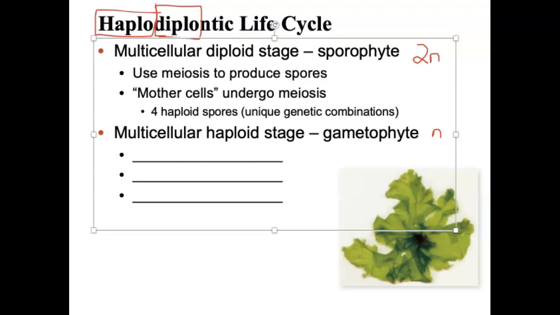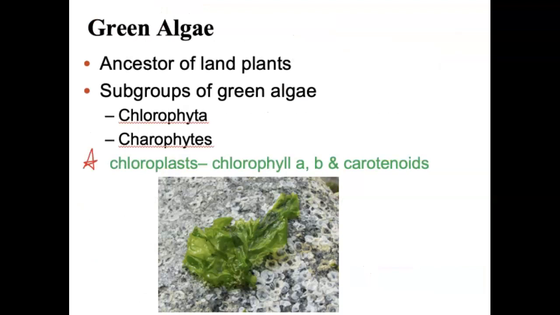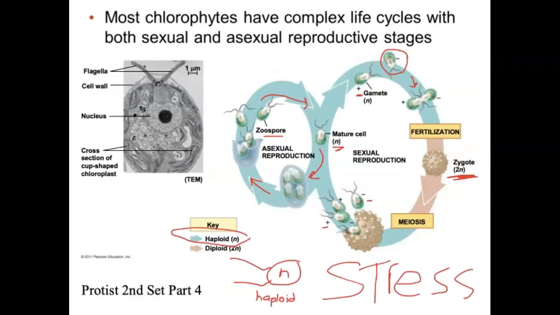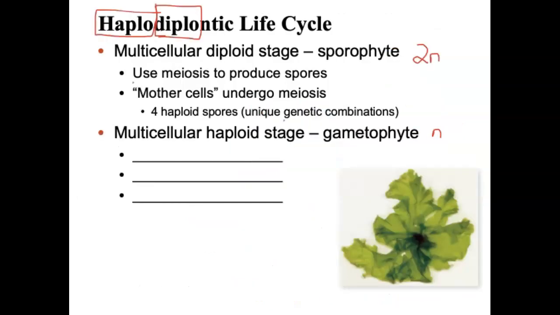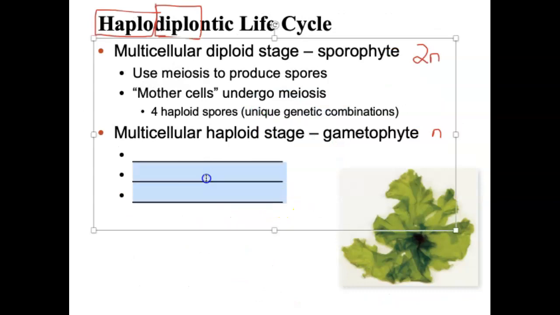But in the case of these chlorophytes, they can actually have a multicellular haploid stage where every single cell only carries half the genetic material. Again, that's the weirdness. Back up here with Cladomonas, they're haploid, but they're only a single cell until they become diploid. Some of these guys, they can be multicellular and still be haploid. So again, it's kind of a goofy thing.